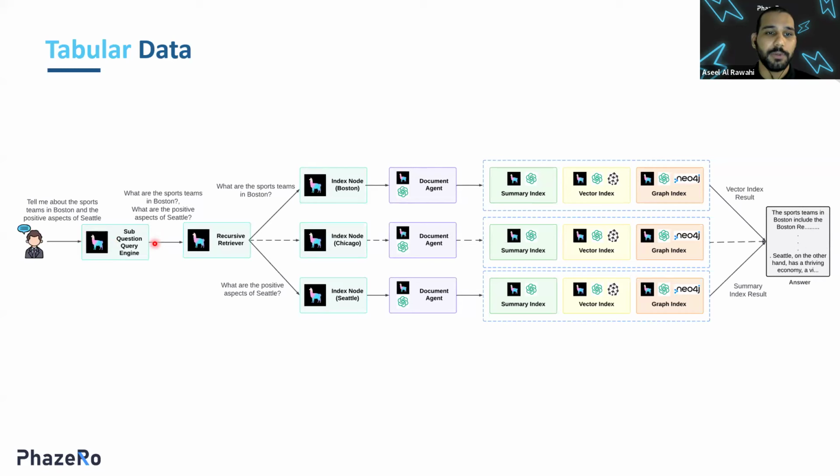For example, we have our Boston pipeline that includes the Boston node, indexing node, and the document agent itself. And then we retrieve all of the information separately from each document or from each node. And then at a later stage, we compile and synthesize the response. And this allows us to have very specific information being sent to the large language model.